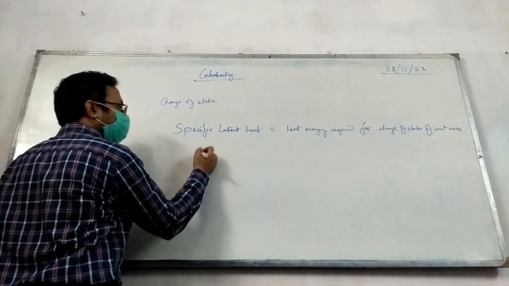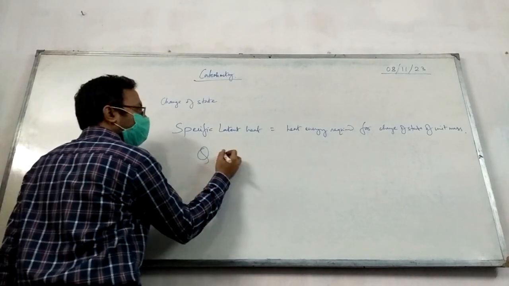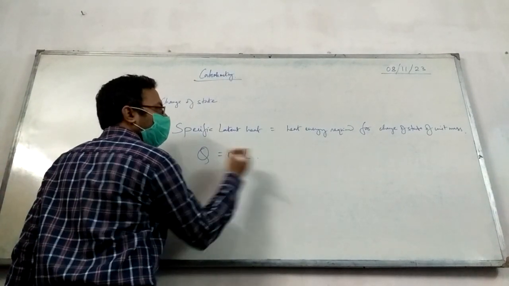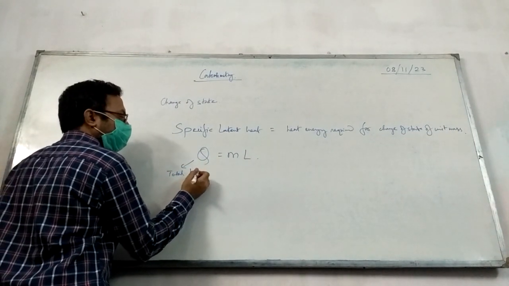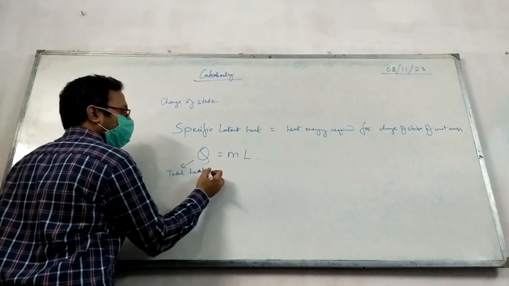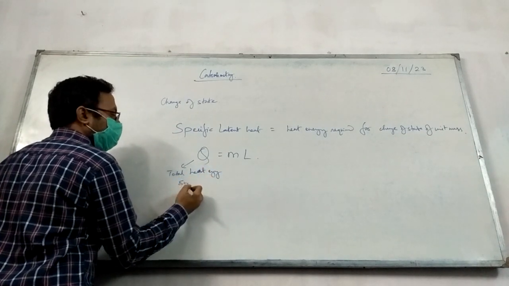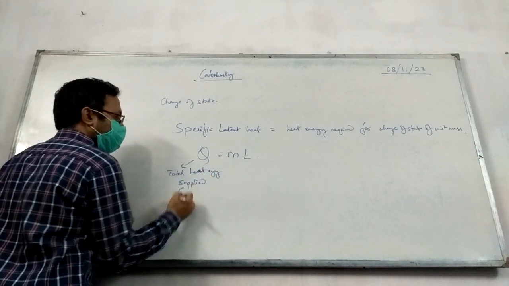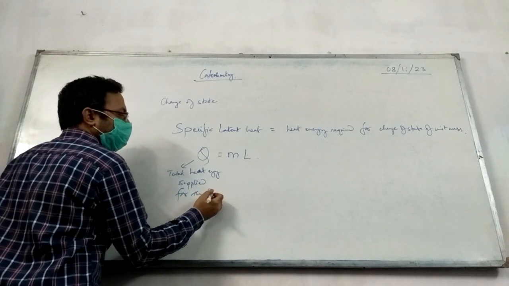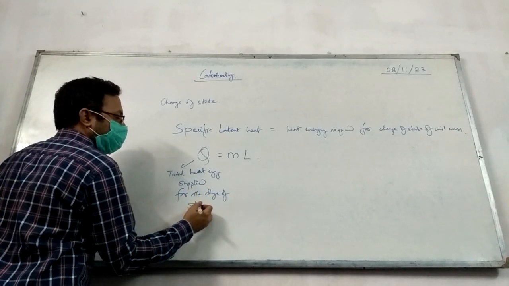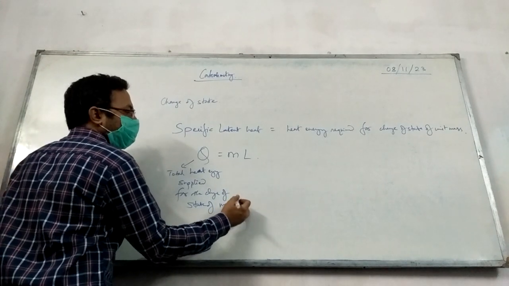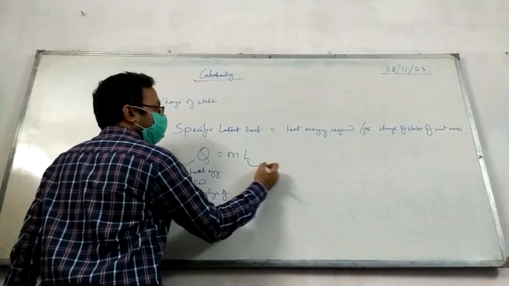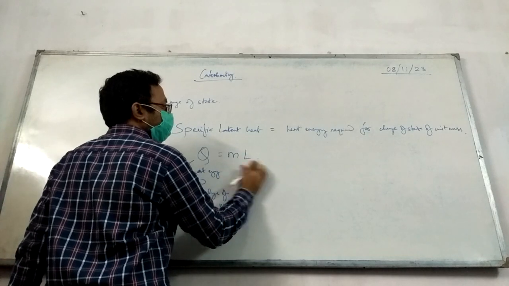So the total amount of heat energy supplied, Q, will be written as M into L. Q is the total heat energy supplied for the change of state of mass M, and L is the specific latent heat.